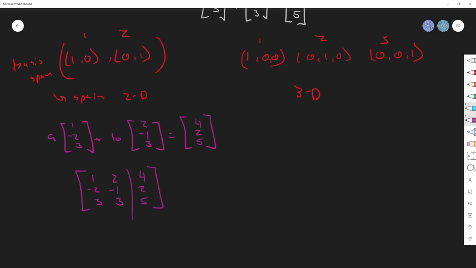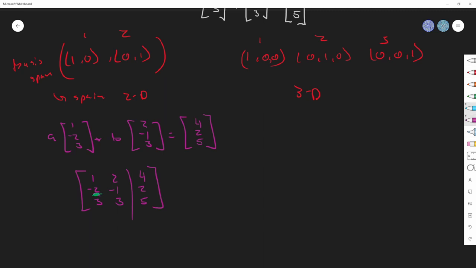Okay, so now we could put it in row reduced echelon form, or I think putting it in row echelon form should also do the trick. So just going to get right to it. The first one, we can get rid of this 2 right here.